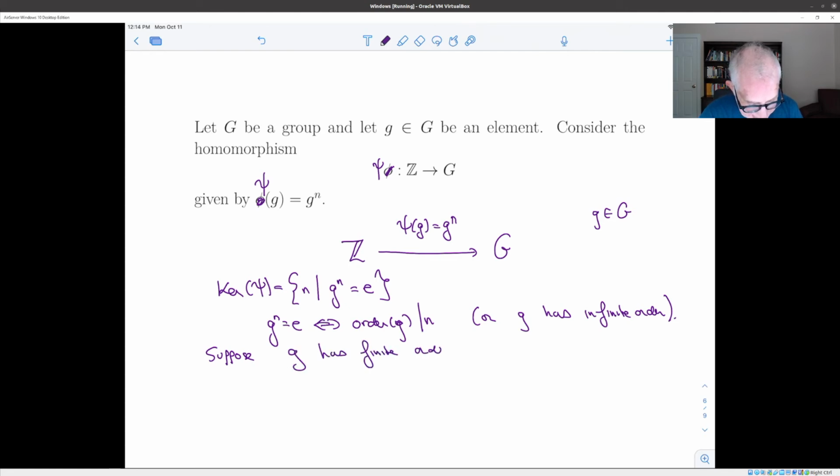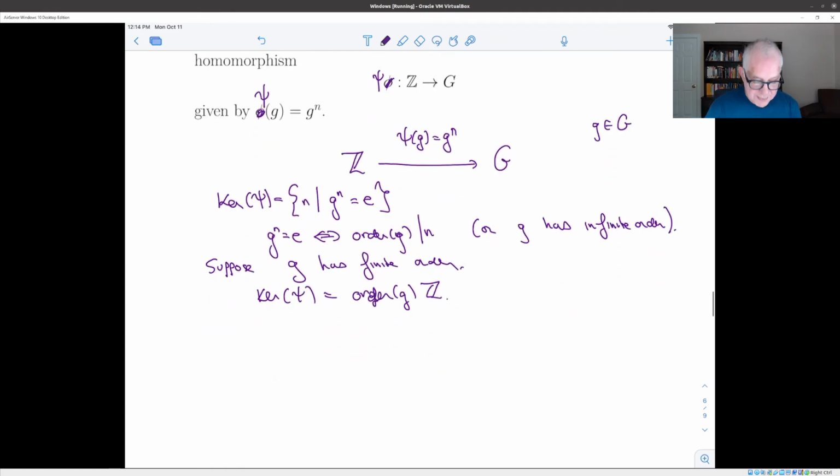And if that's the case, it means that the n's such that g to the n is equal to the identity are precisely the multiples of the order of g. So the kernel of psi is the order of g times Z.